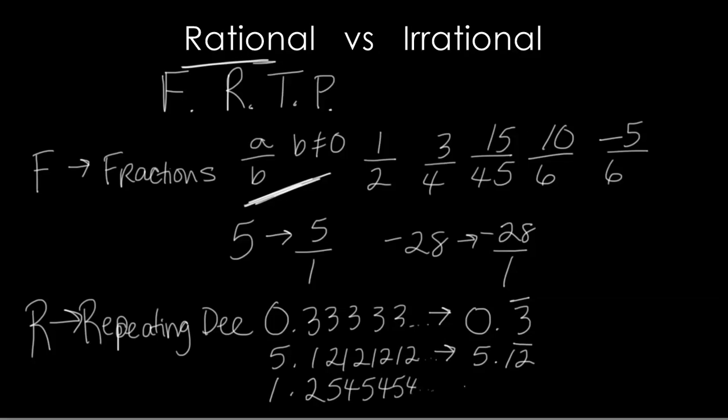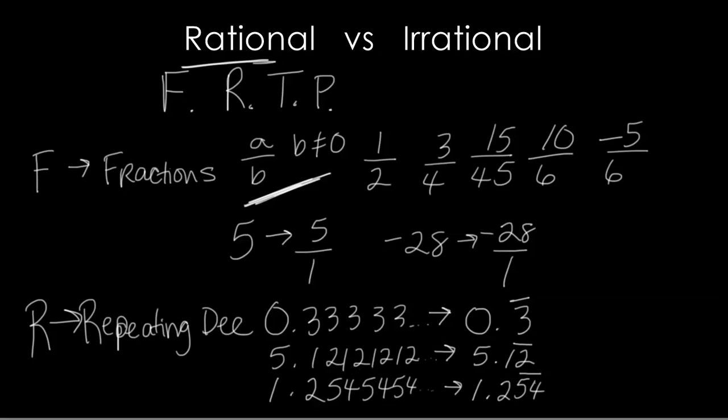What part's repeating? Not the 1, not the 2, but the 5, 4. So that line is going to be above the 5, 4. Again, repeating means it keeps on going on and on forever, but it's repeating the same numbers.